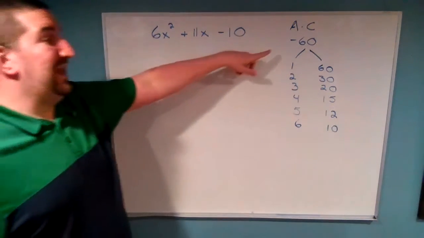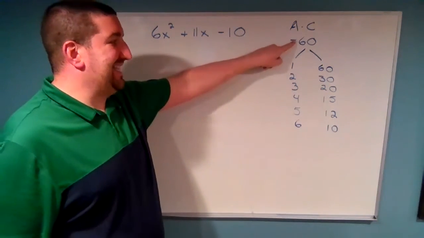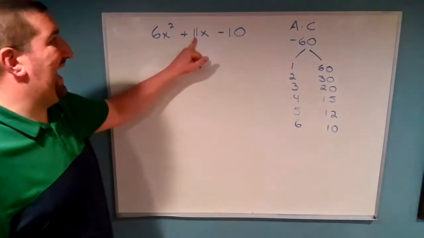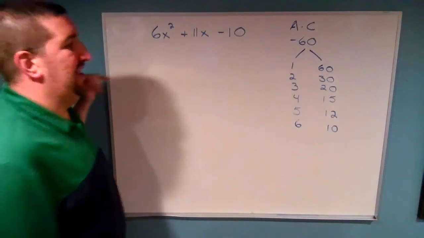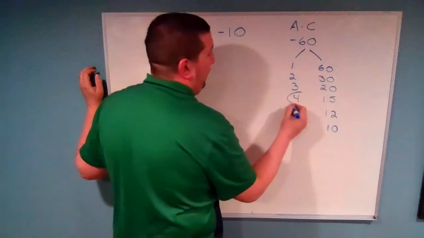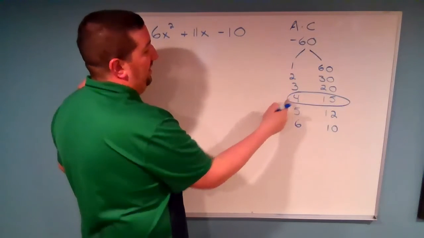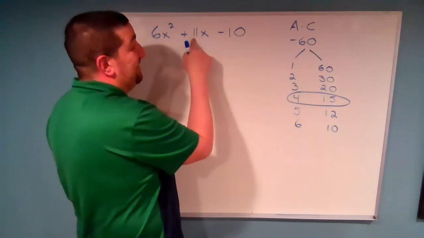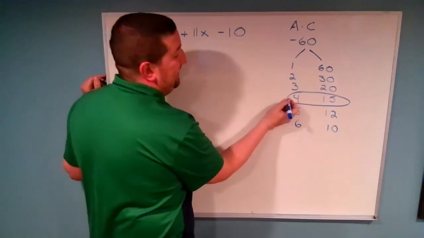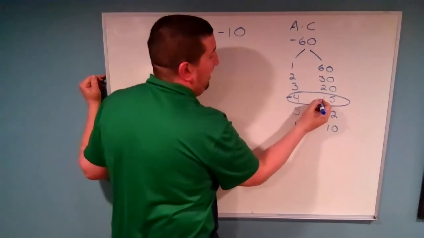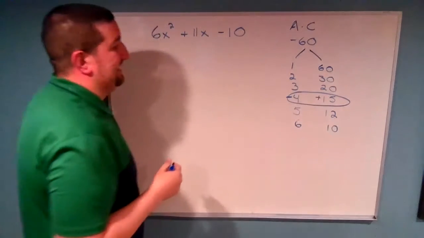Now, we have to figure out what multiplies to negative 60 and adds to 11. That's going to be that 4 and that 15. Sorry, we're trying to get positive 11. So that is going to be negative 4 and positive 15.